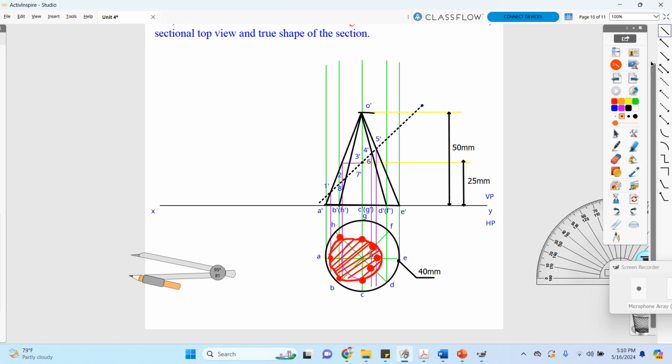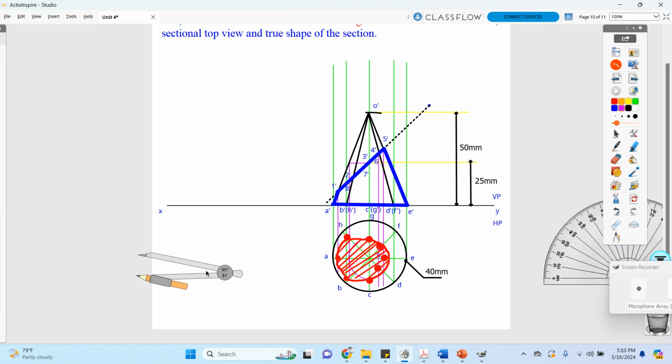That means I will show you once again. Sorry, your true position may be like this.